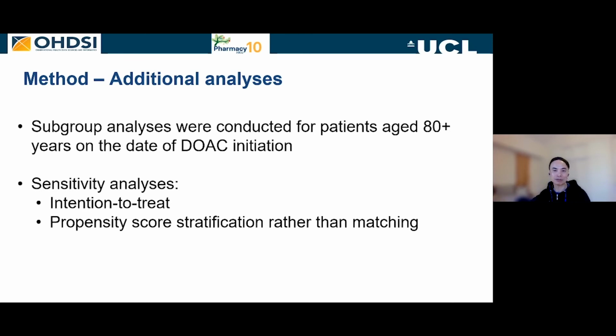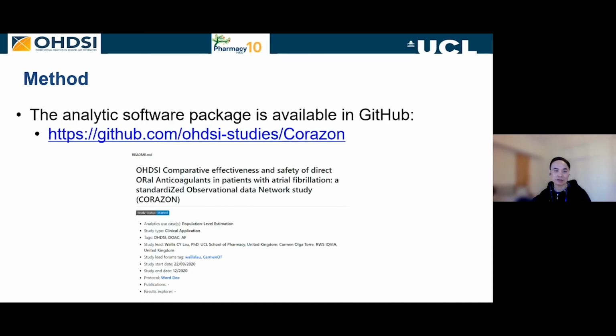That is highly important because there is very little evidence at the moment on using DOACs in patients over 80, because so far most of the evidence is based on clinical trials. We also did sensitivity analyses looking at intention to treat and propensity score stratification rather than matching. Again, all the packages are in the GitHub, so people feel free to have a look.